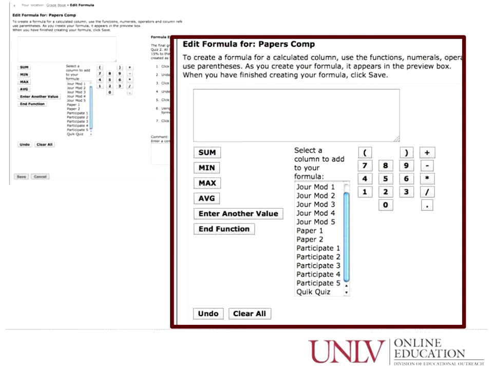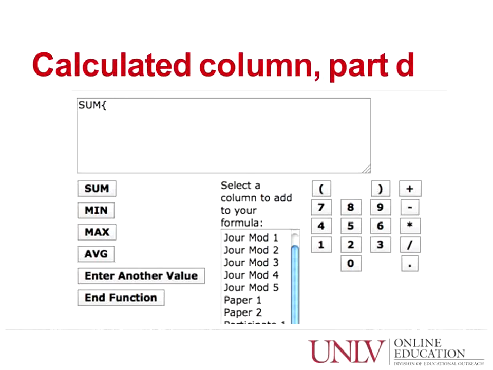We'll say that because this is just an accumulation of points, we're going to do a sum of them. Like in Excel, you use the sum formula. You start with clicking on the button that says sum, and it gives you a left brace.